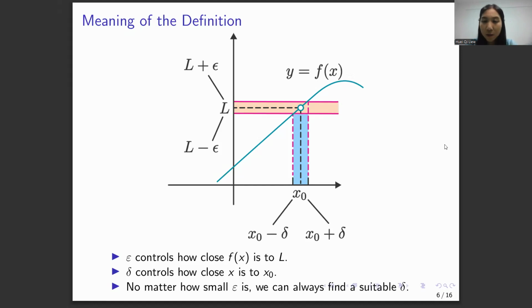The horizontal dashed line represents the epsilon range around the limit value L. This shows how close the output f(x) needs to be to L. The vertical dashed line represents the delta range around x0. This shows how close the input x needs to be to x0. In simple terms, epsilon controls how close f(x) is to L, while delta controls how close x is to x0.